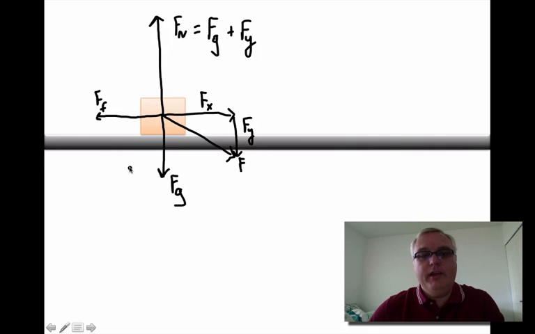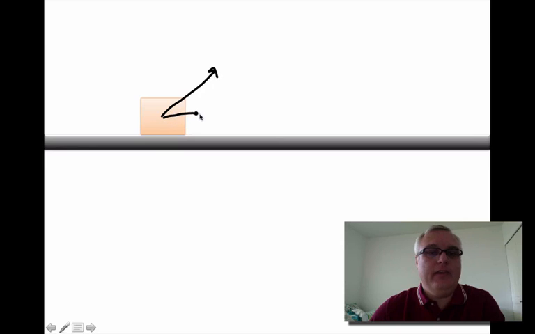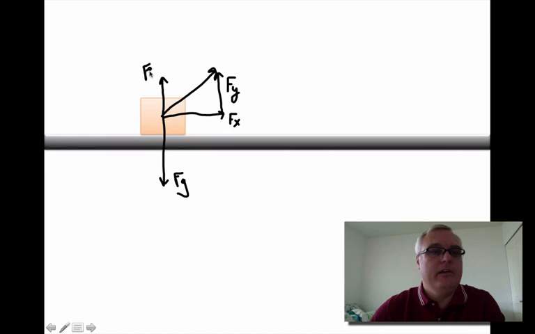That's why it's always better to try and lift up, because when you lift up on the block, now the x component, which is accelerating the block horizontally, and the y component, which is lifting the block upwards, this y component actually decreases the amount of normal force, because now it's these two components upwards which are equal to the gravitational force.